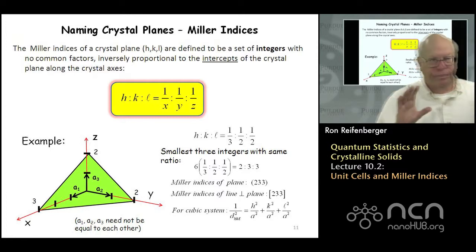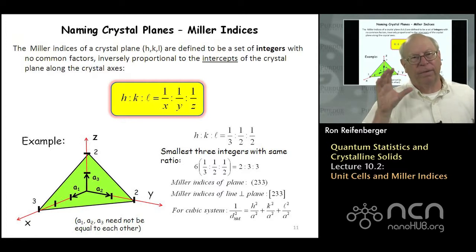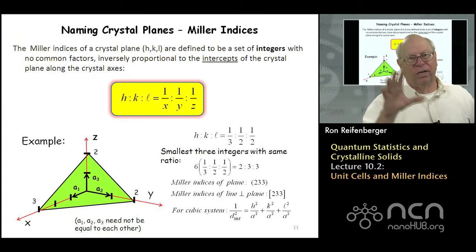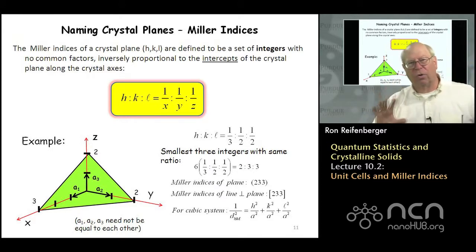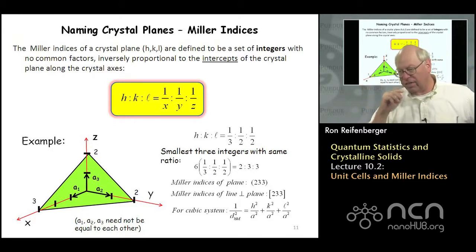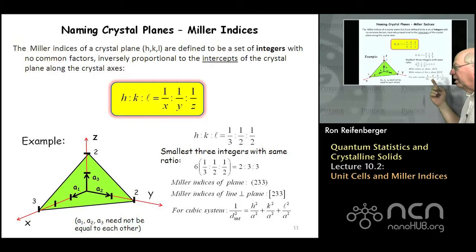There are similar equations that have been derived for all the different 14 Bravais lattices that I sketched out in a previous slide, but most of the work we're going to do in this class is related to cubic systems, right? It turns out the separation between the planes labeled by the Miller indices hkl can be written as a very simple equation.